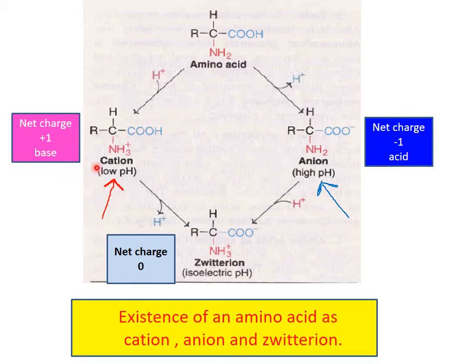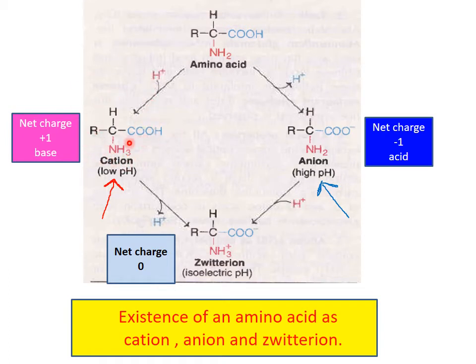At low pH, what happens? The amino acids receive a proton and the recipient is the amino group. So you see here the net charge becomes +1. If you focus on this form of amino acid, no further proton can be added to any group of the amino acid. So we say this is a fully protonated form of amino acid.